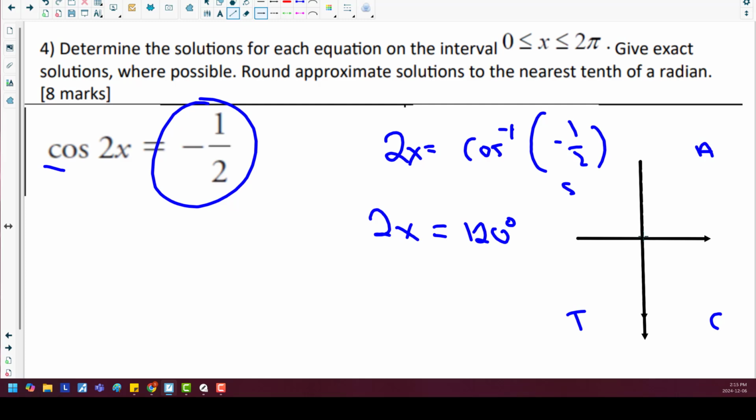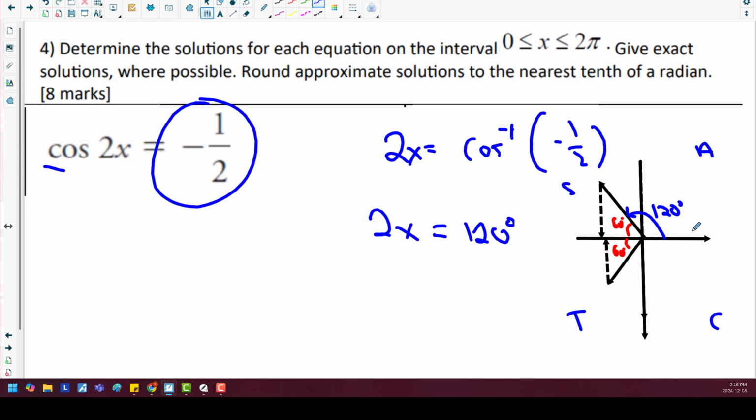So which quadrant does the terminal arm have to be in? Has to be here and has to be here. We got angle of 120 degrees, so that's clearly this one here, 120 degrees. So that makes our acute angle in here 60 degrees and 60 degrees.